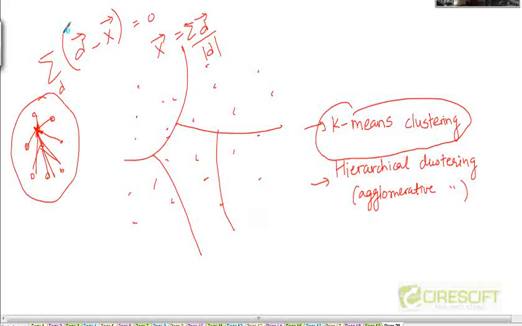So recall, if you've done a basic course in statistics, you know that if you take a bunch of points and you have a mean for those points, and you take the difference between each of the points and the mean and then add them up, the result will be 0.